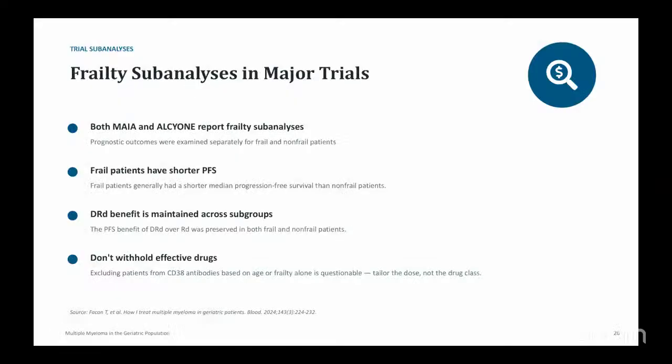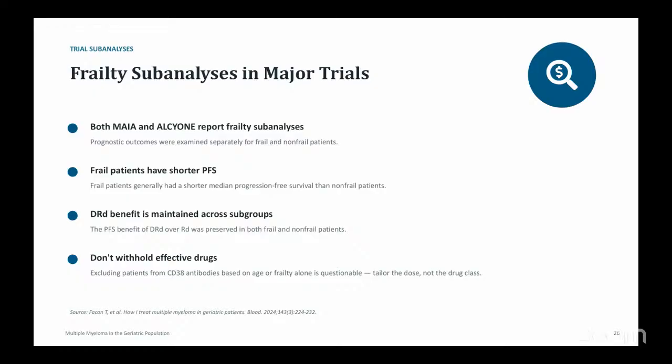Okay, so throughout the MAIA and the ALCYONE reports, frailty was found to have a prognostic significance, but it did not necessarily mean the effective therapies stopped working. Subgroup analysis from those major studies showed that frail patients in general showed shorter progression-free survival.